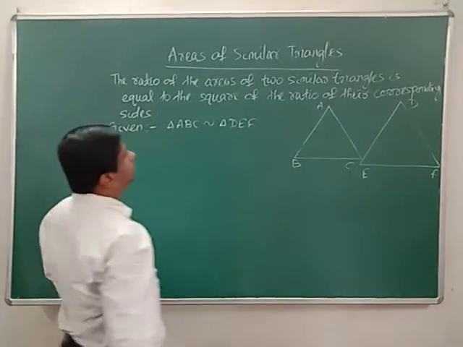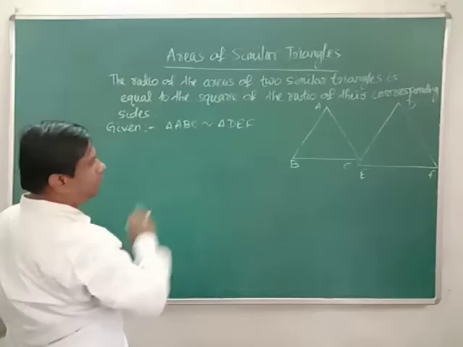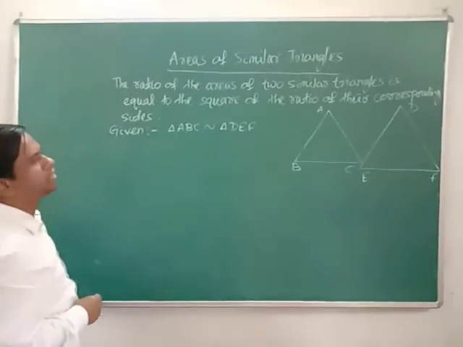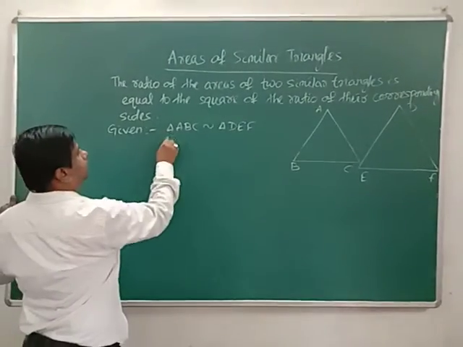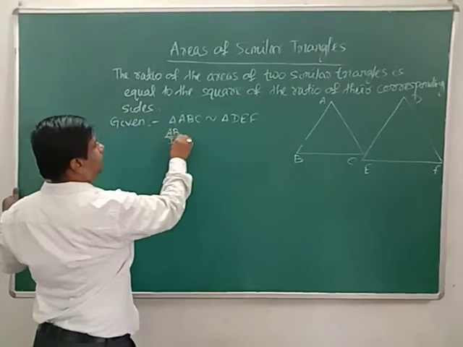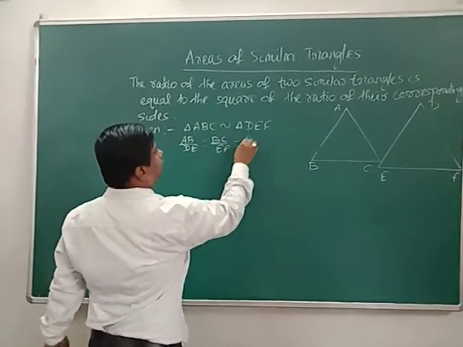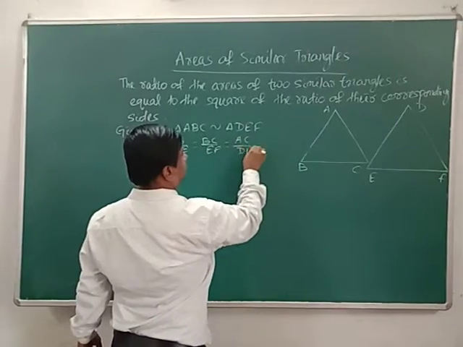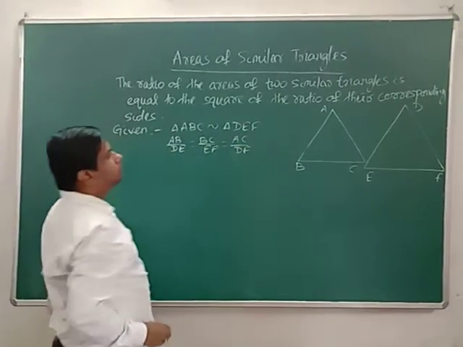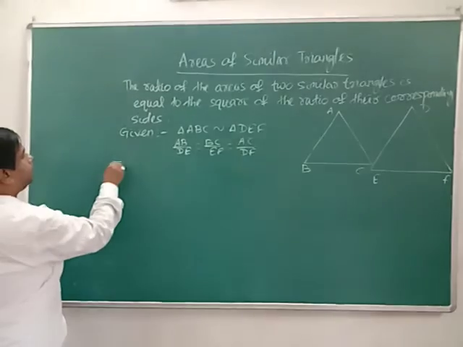What do you mean by this? Their corresponding angles are equal and their sides are in the same ratio. That means AB upon DE is equal to BC upon EF is equal to AC upon DF. This is given to you. What to prove?